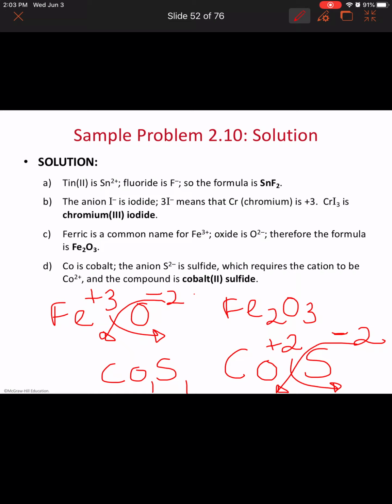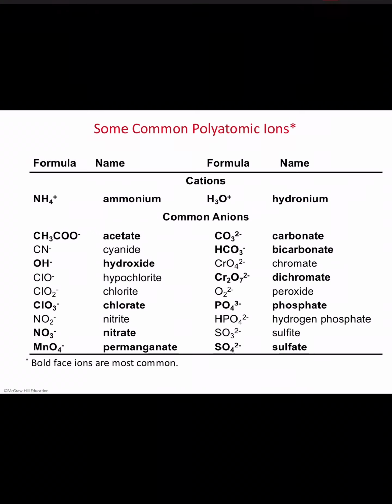Okay, and that's how the cobalt sulfide formula came about. And then the name should be cobalt(II) sulfide, because cobalt is a transition element, it can have either 2 or 3. So you want to specify in CoS that cobalt is 2, and then cobalt(II) sulfide is the name.